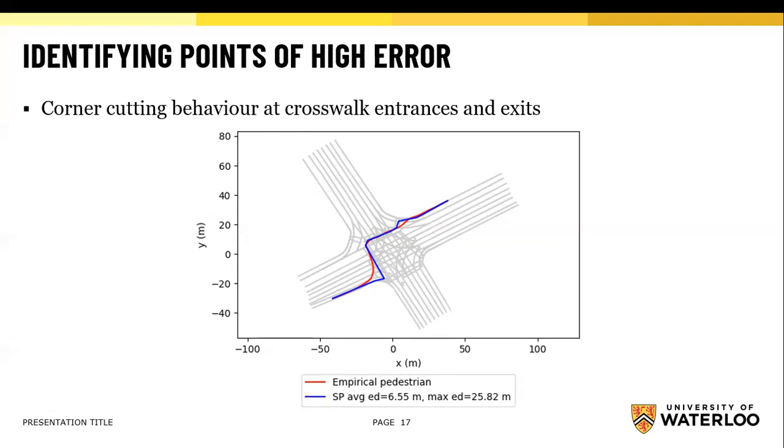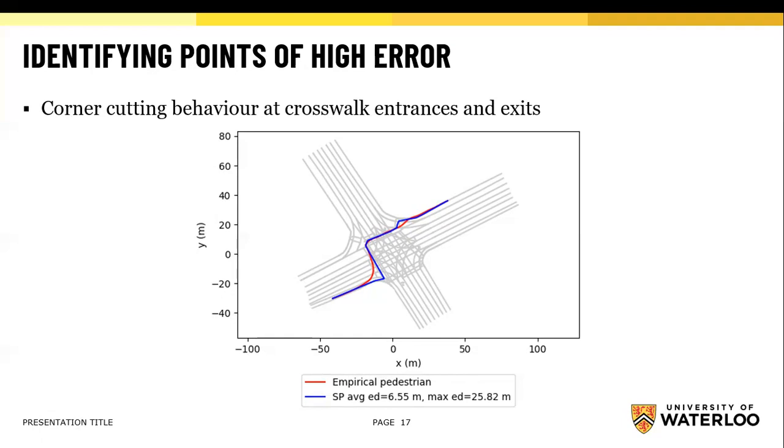So if they're entering a crosswalk, they don't always go directly to the crosswalk entrance, and same with exiting. They don't go to the exit. They display this corner cutting and more natural entrance and exit of the crosswalk.